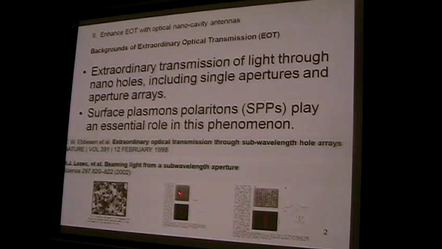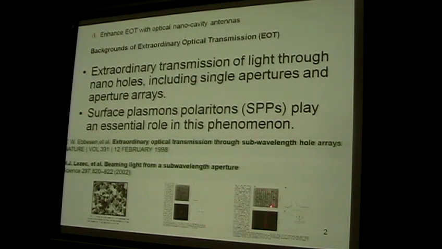and people have used some other modified structure. For example, there's kind of array of rings or grooves around this nano holes to enhance further the transmission through this plasmonic hole.